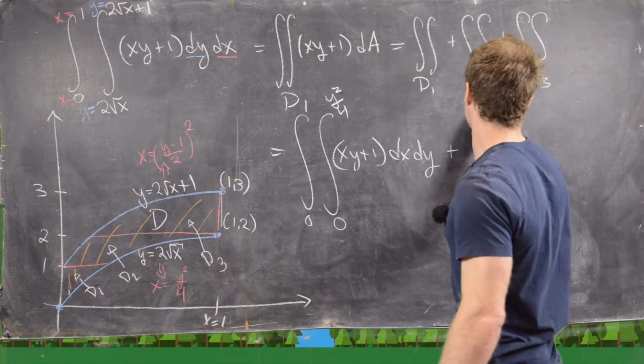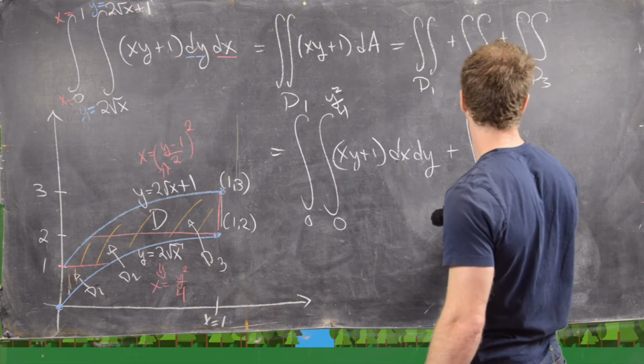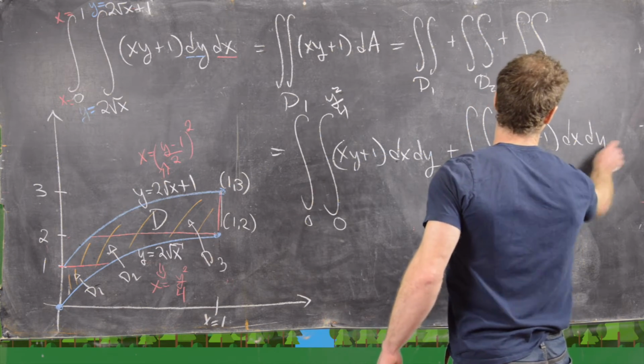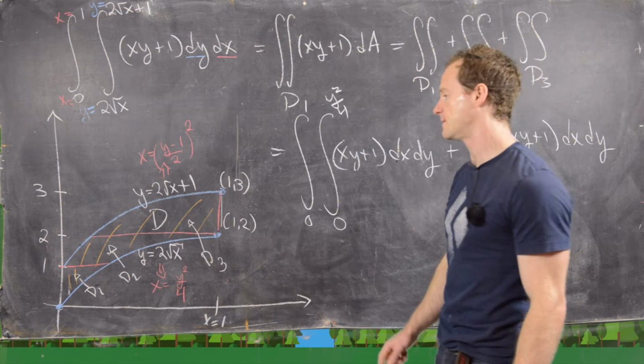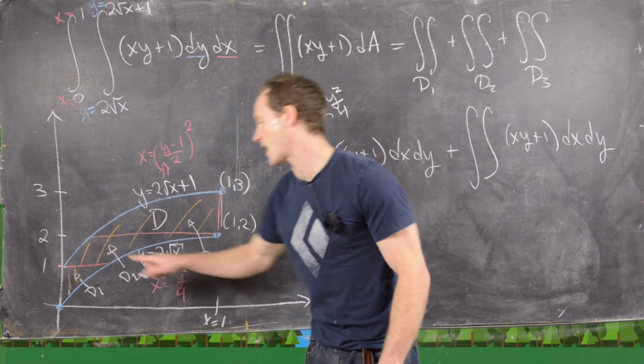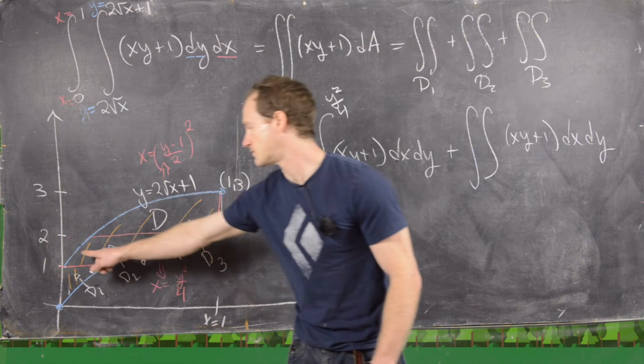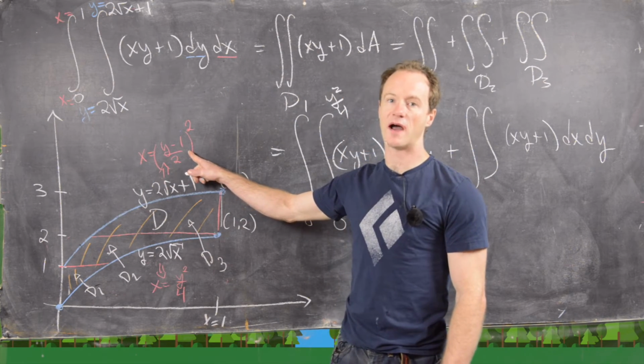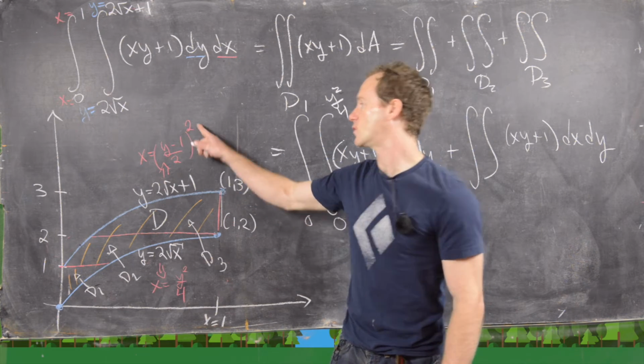Now let's see what we get for D2. Here we'll have the integral of xy plus 1 and then dx dy again, because we're changing the order of integration. We'll go from left to right again. The smallest x value in this case will be this curve right here, y minus 1 over 2 quantity squared.